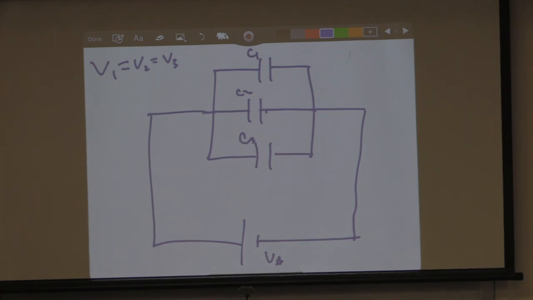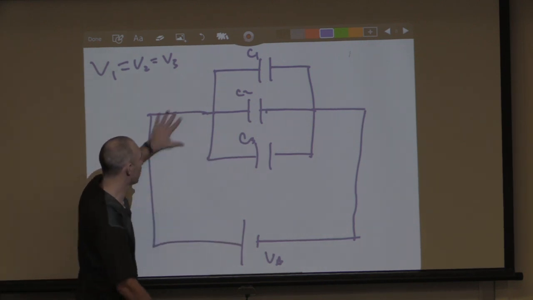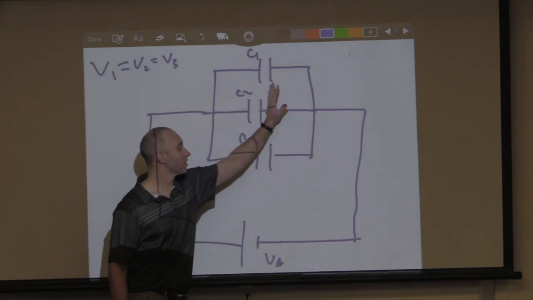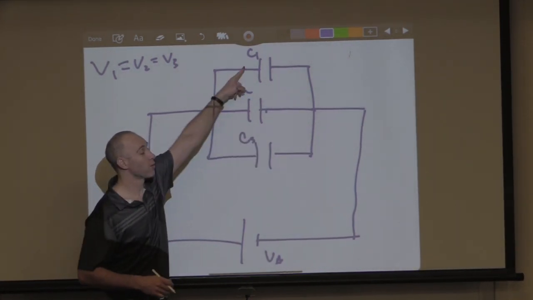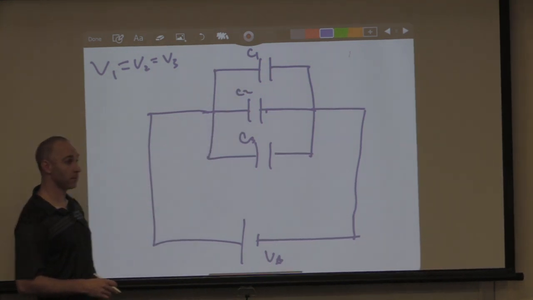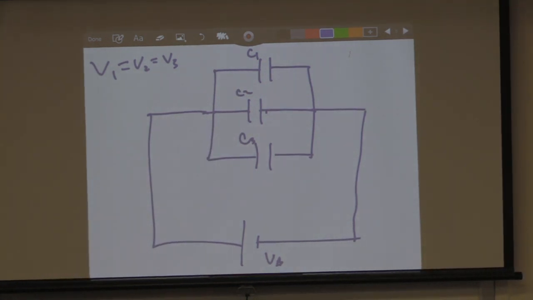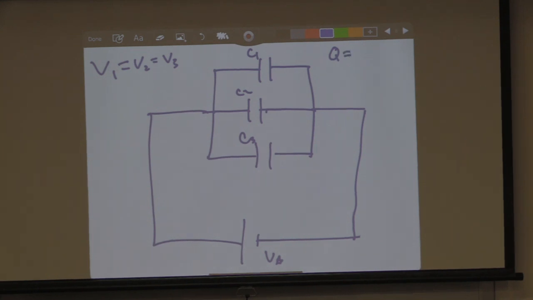All right. Now we know the voltages because everything that's connected on this side is at some potential. Everything that's connected on that side is at some potential. So we know the difference in voltage across them, and we know the capacitance, we can figure out the charge on it. Q1 will equal C1V1, Q2 equals C2V2, and Q3 equals C3V3.